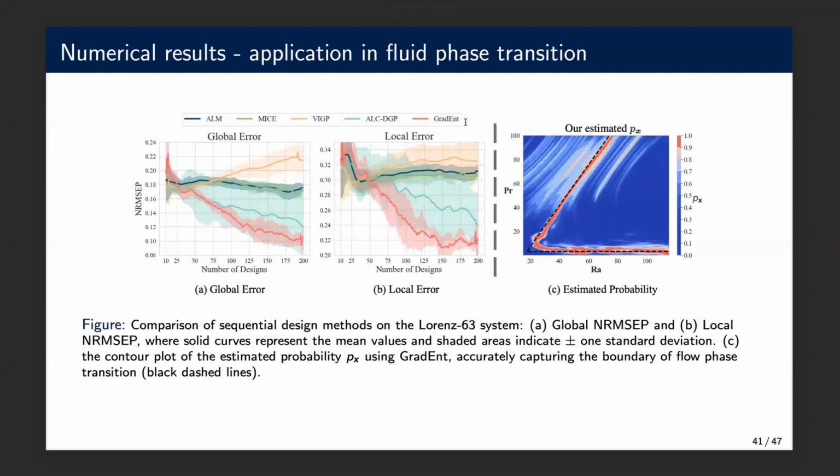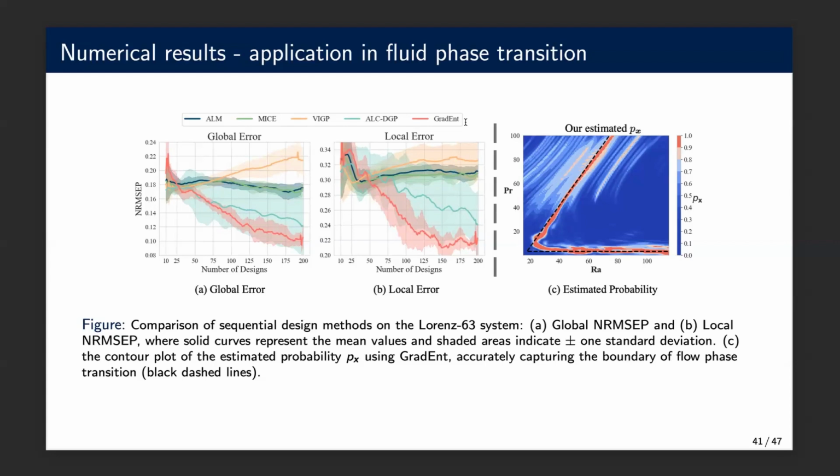And this is the result of the Lorenz problem. As before, A and B are the global and the local error of our method against the number of design samples. You can see our method decays quickly from 50 samples and is much better, with much smaller uncertainty compared with the ALC DGP method.